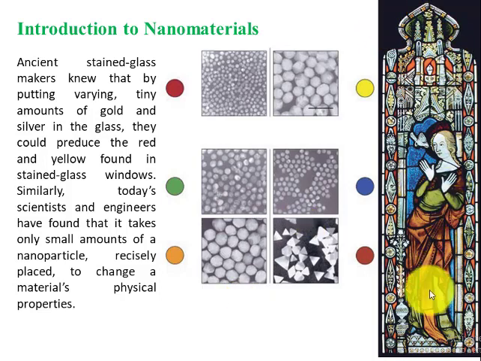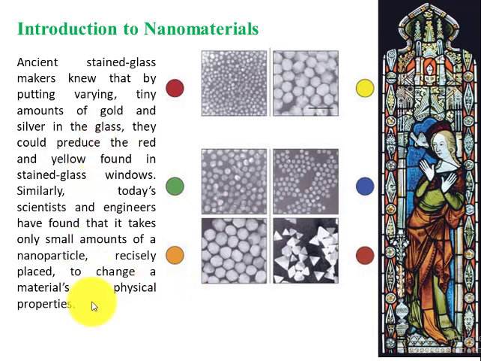In this slide on the right hand side, this figure is actually ancient stained glass. Many people in history have been using different metals like gold, silver and others to stain different architectures. At that time, people did not know what they were using, the gold materials or silver materials, their solutions, their colloidals, they were actually in nano size.